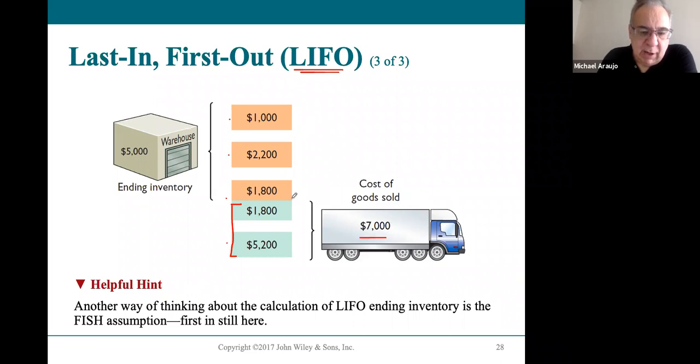The other half of August, all of the April and all the beginning inventory are still part of your inventory. It's just broken in two.